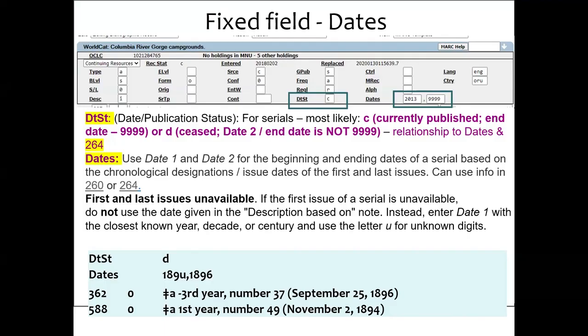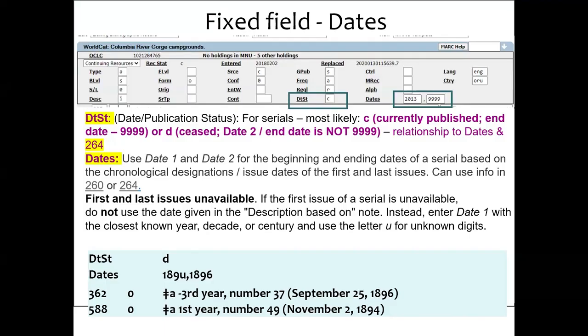When you're looking at a bibliographic record, not only the way that we code things, it's fairly clear that it's coded as a serial, but there'll also be other hints throughout the record, as we're talking about and looking at today, that's going to tell you it's a serial as well.